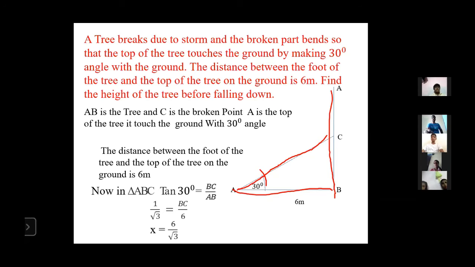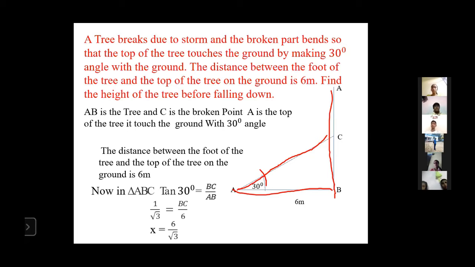X into root 3 is equal to 6, and root 3 sent to the RHS goes to the denominator, so x is equal to 6 by root 3. Did you get it, friends? Yes, we got it.